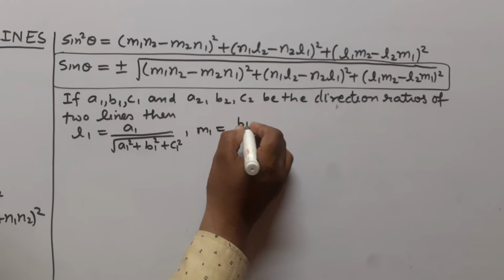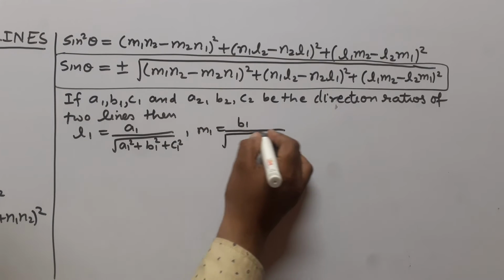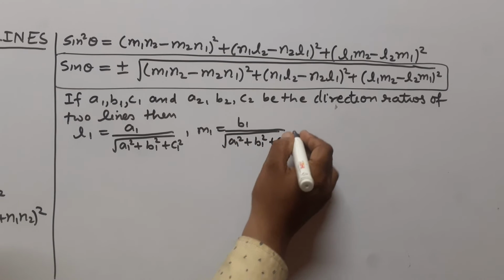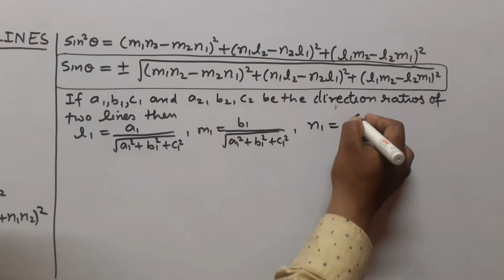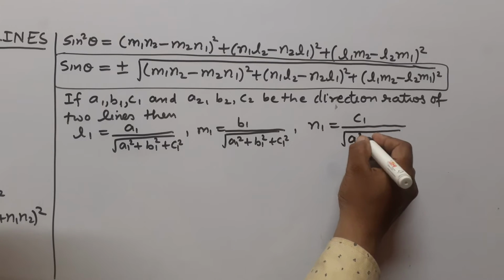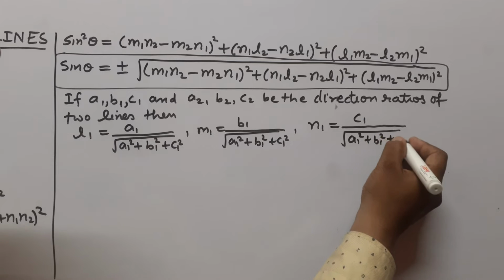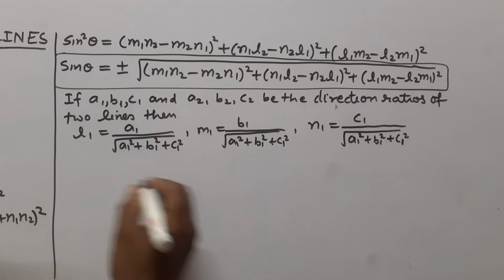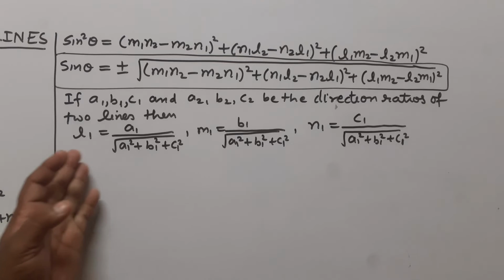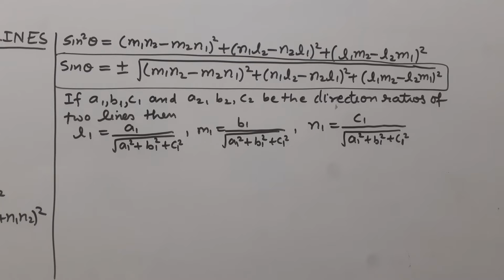M1 is equal to B1 upon under root A1 square plus B1 square plus C1 square, and N1 is equal to C1 upon under root A1 square plus B1 square plus C1 square. We know that this is the relation between the direction cosines and direction ratios. If direction ratios are given, then the direction cosines can be written from these formulas.